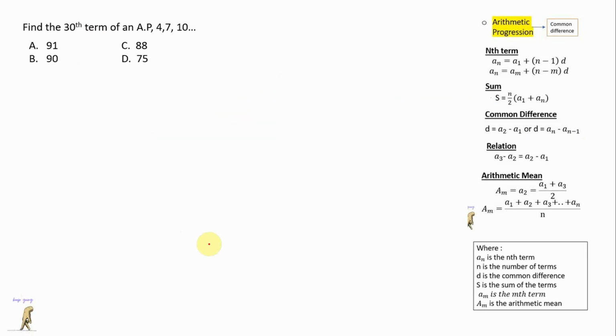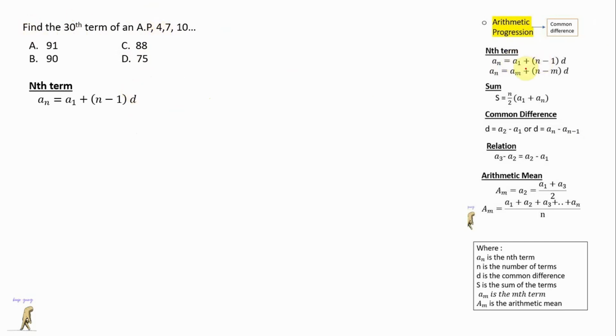So next, we have another arithmetic progression here. We are finding the value of the 30th term of our arithmetic progression given these numbers, okay? As we know, we can do that by using our nth term formula, right?